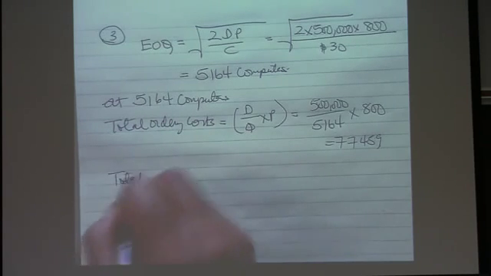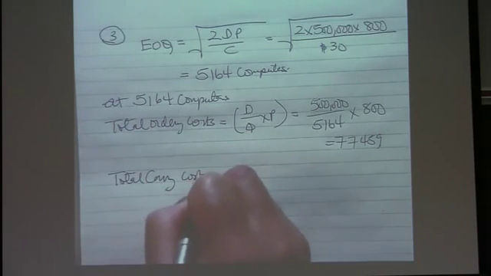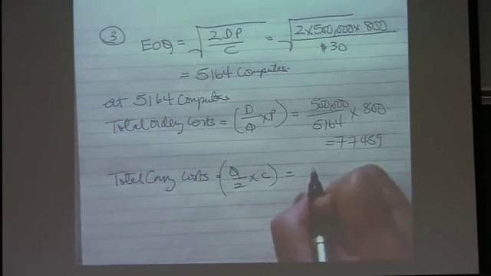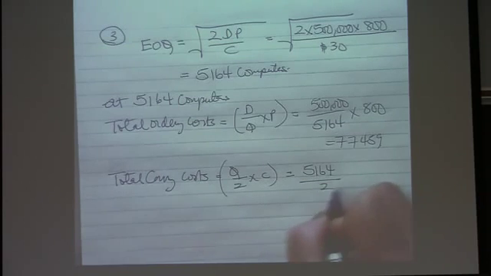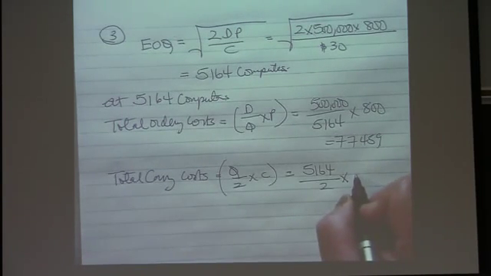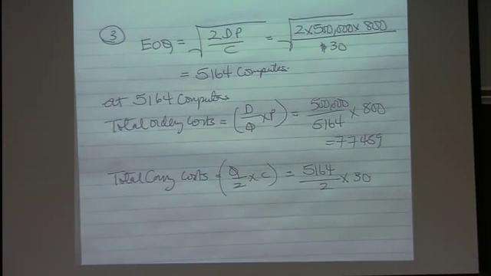Total carrying cost is going to be higher. It's Q over 2 times C. And in this case, the quantity is 5,164 divided by 2 times... So let me do the math here quickly.